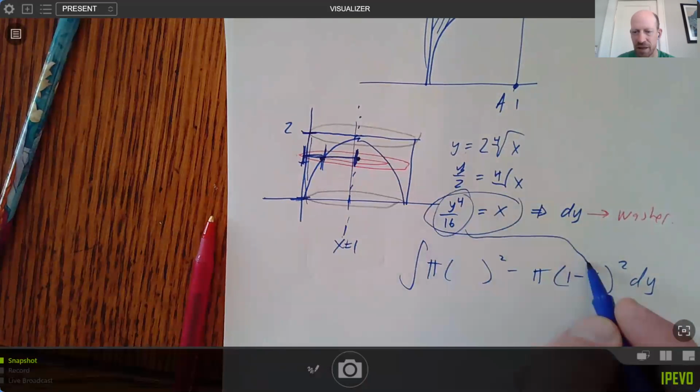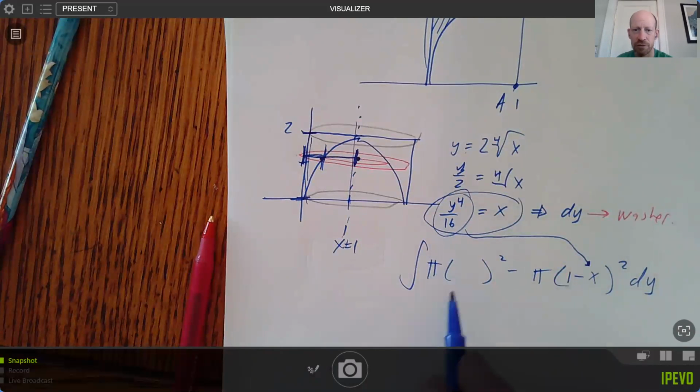I want to replace that x with y to the 4th over 16. One of the errors people sometimes make is they mix up the inner and the outer radius. It just happens sometimes, but all it does is give you the negative of what you should get.